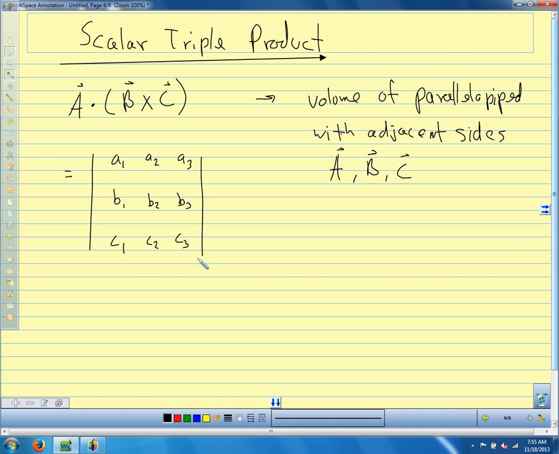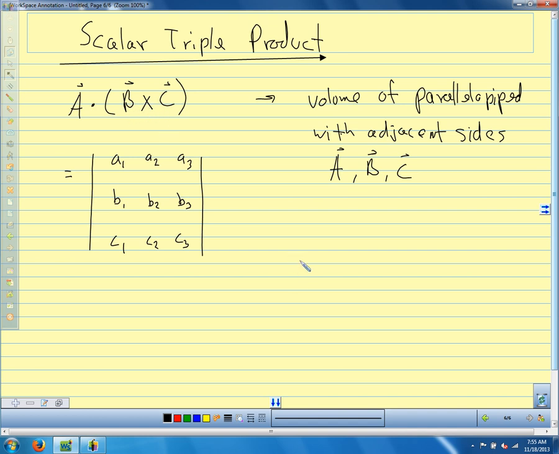So this is a nice, easy way to find the volume of a little box if we're given the sides as vectors. Not that we're necessarily ever going to do anything with it, I just wanted you to realize that this technique exists. And we said that the magnitude of B cross C is the area of the parallelogram created with B and C as adjacent sides.